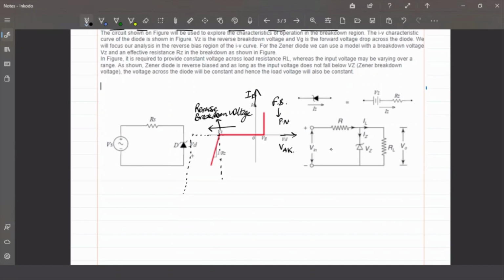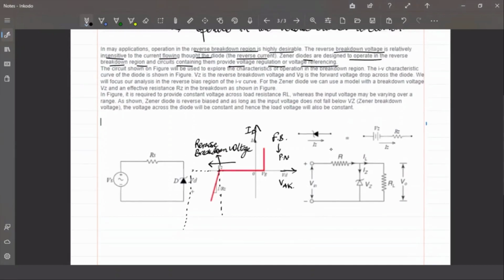So wherever it is connected, the voltage across the device will remain almost constant in the reverse bias condition. You can see here, to explore the characteristics of operation in the breakdown region, we have applied plus and minus, where plus is connected to the resistance and minus is connected here. This is in the reverse bias condition.